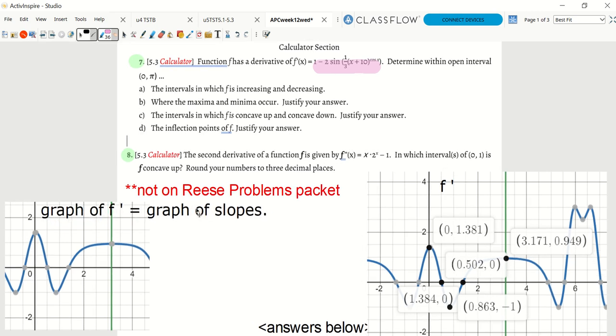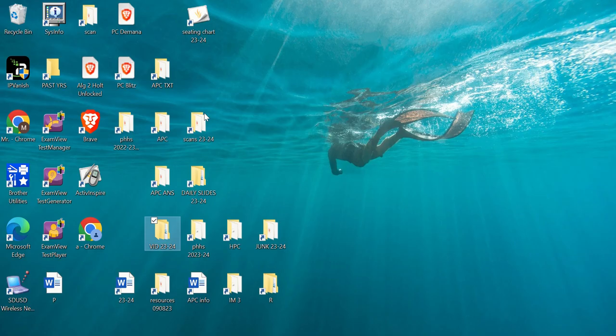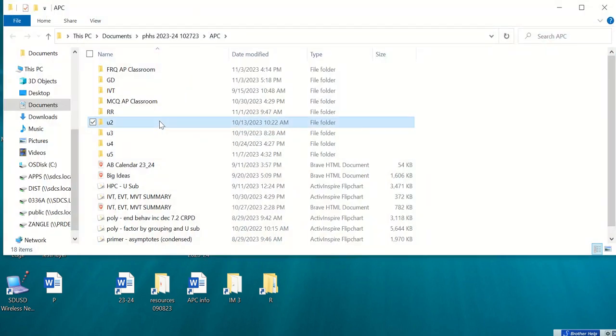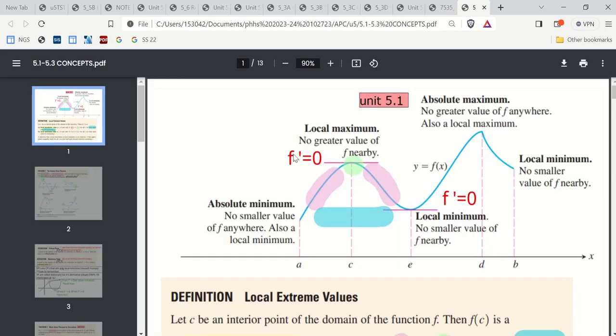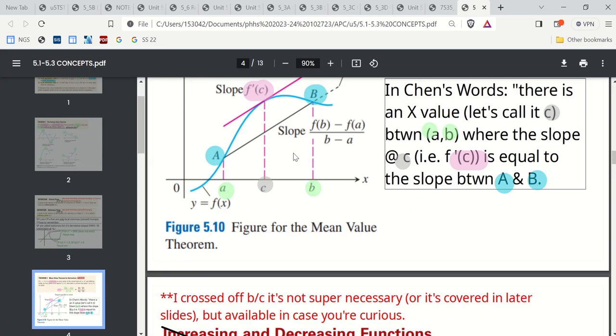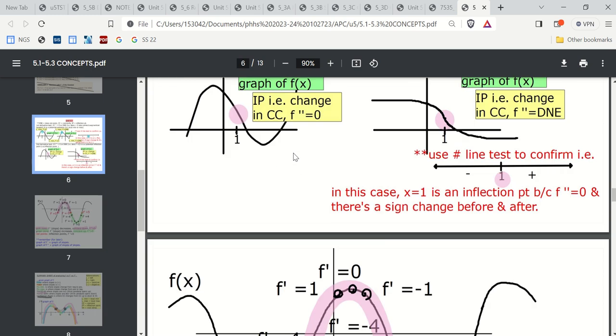So now, the intervals on which f is increasing, decreasing, let me also get this classic slide that I've shown many, many times by now. Concepts. Where is it? There it is.